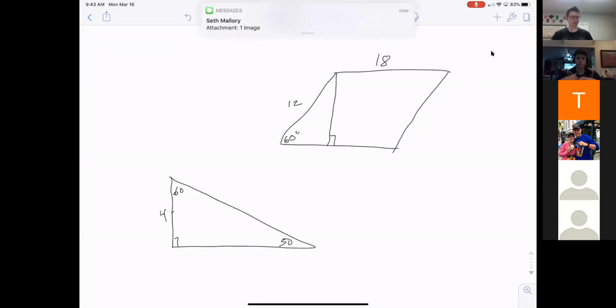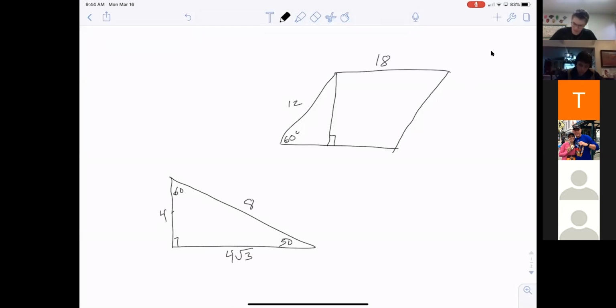Remember that if the side opposite the 30-degree angle is 4, then the hypotenuse in this case would be 2 times that. So this side would be 8. And then the side opposite the 60-degree angle would be whatever the shortest side is times root 3. You have to remember that from the previous chapters of these special right triangles.